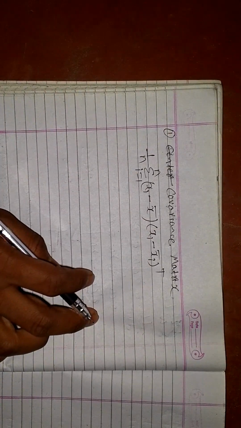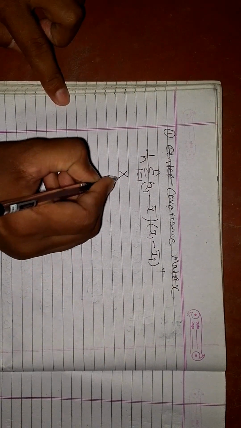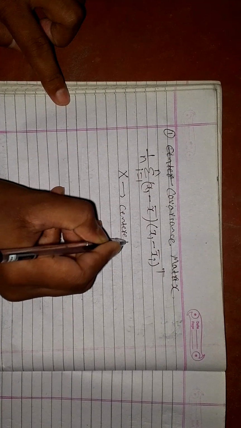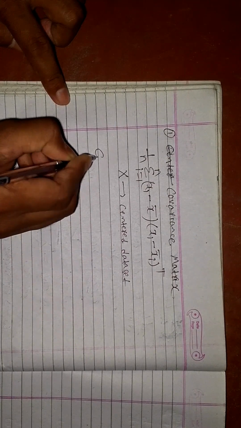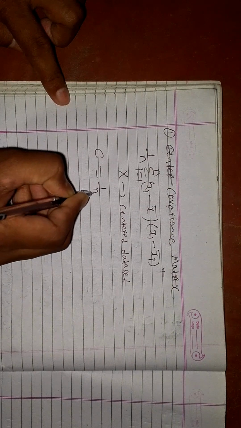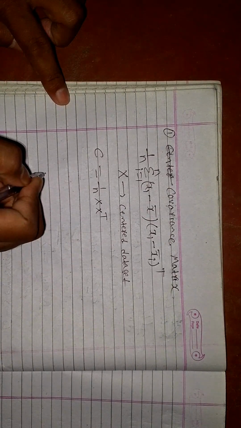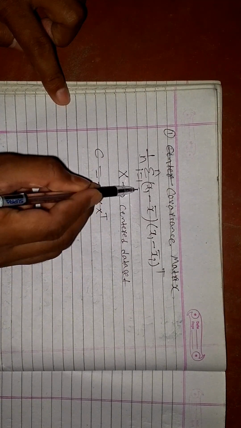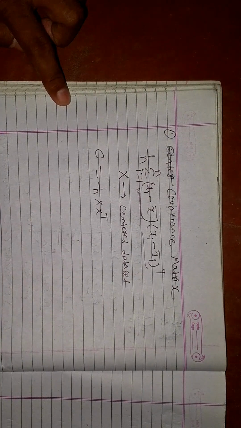In matrix notation, let's say the capital X is our centered data set. Then the covariance matrix C becomes 1 over n X times X transpose. So find the covariance matrix, this thing.